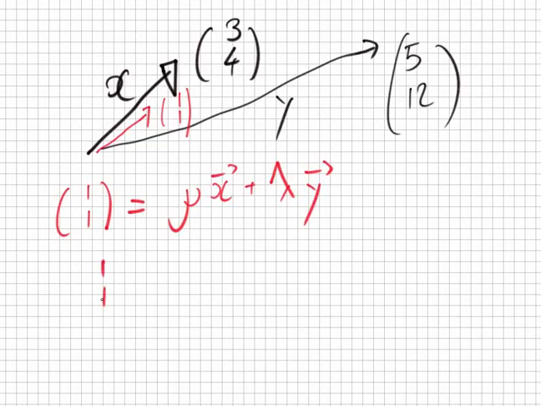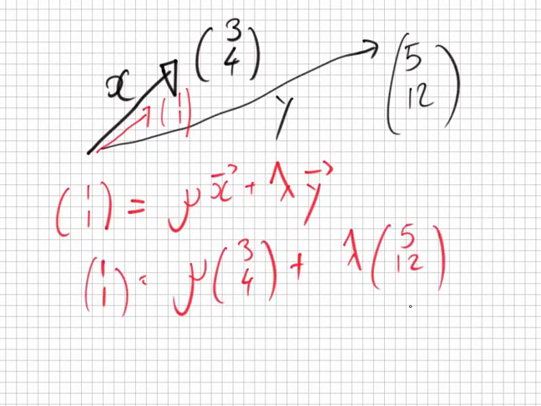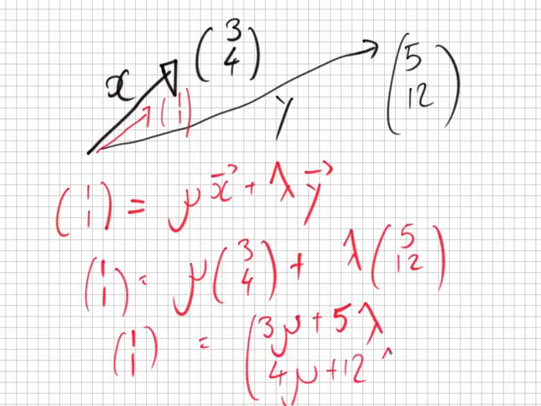So you get (1, 1) equals mu x plus lambda y like this. So you get (1, 1) equals 3 mu plus 5 lambda all over 4 mu plus 12 lambda.